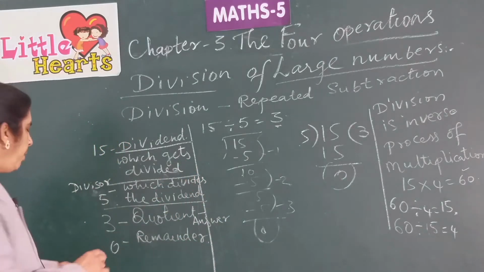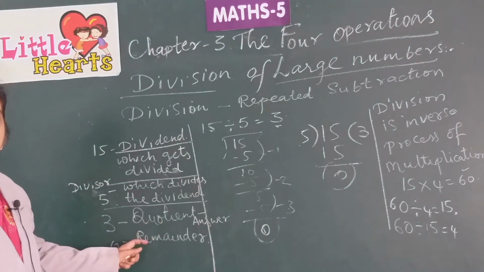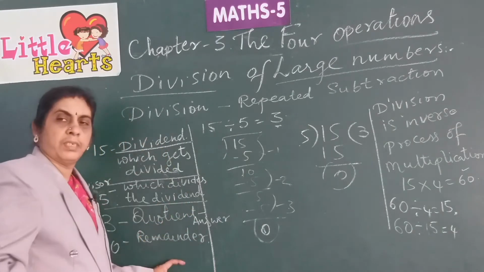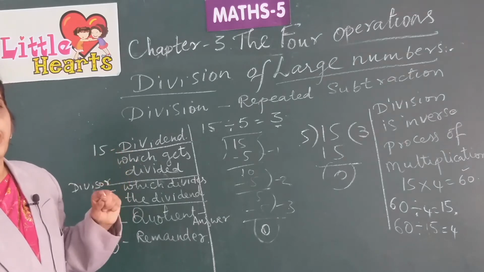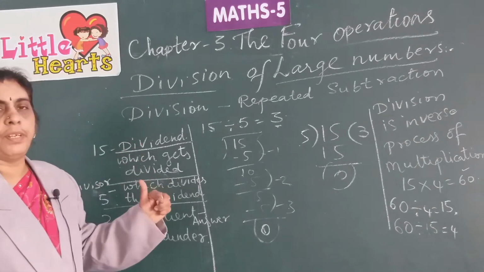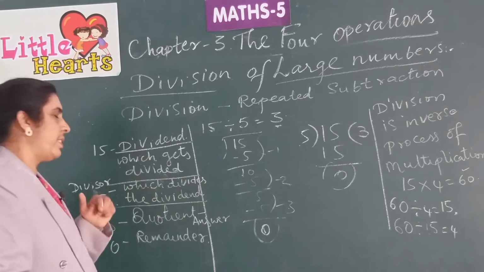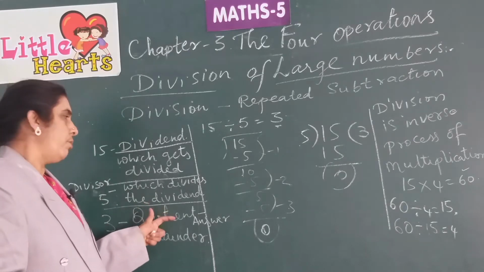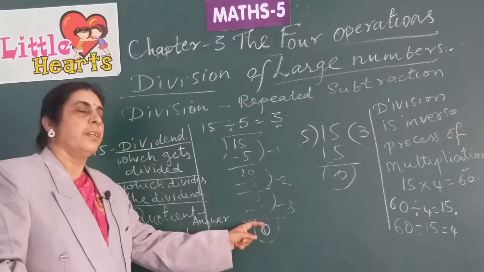And 0 is the remainder. The number left over after division is called the remainder. These are the main terms to be learned.